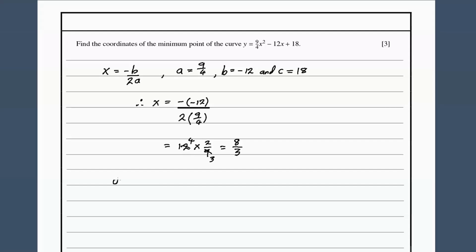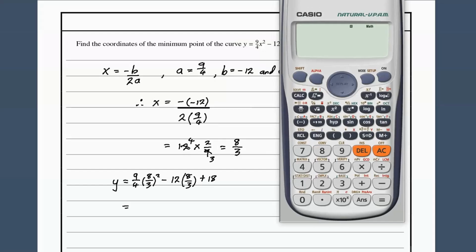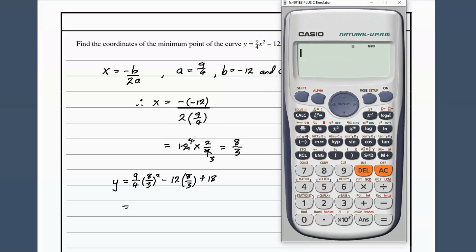Now, to get the y coordinate, we use the equation. So it will be y is equal to 9 over 4 of x squared, which is 8 over 3 squared, minus 12 of 8 over 3, plus 18. So I'm going to use my calculator here. I'll have 8 over 3 stored into x.